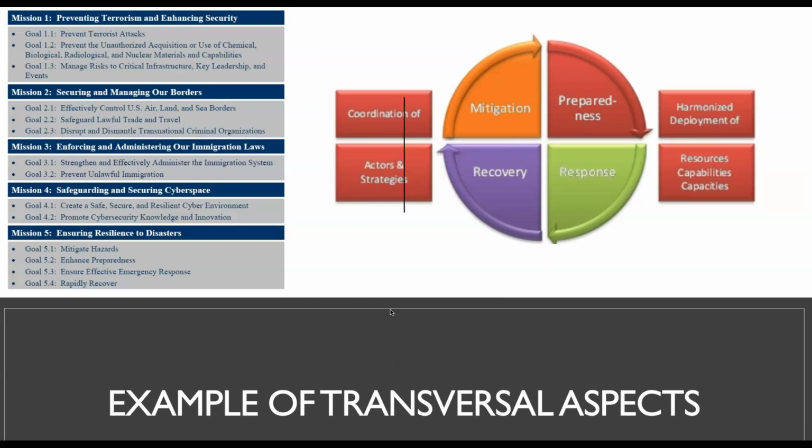In my paper, the transversal aspect that I'm selecting is ensuring resilience to disasters. And the specific disaster that I want to focus on is an Ebola pandemic. I'm specifically concerned about Ebola because it's currently a threat in the Congo, where over 2,000 people have already died over the last 18 months.